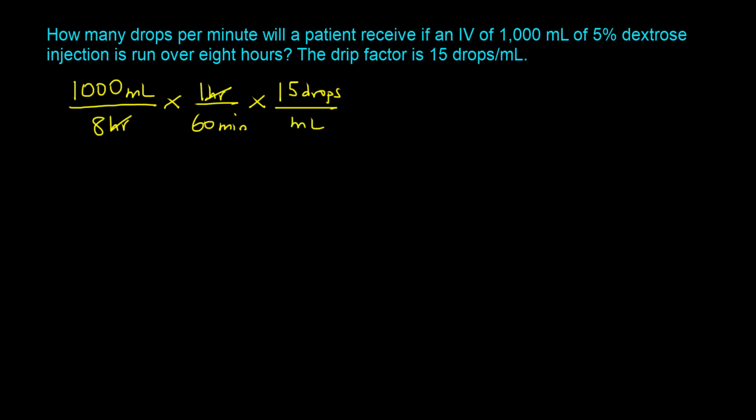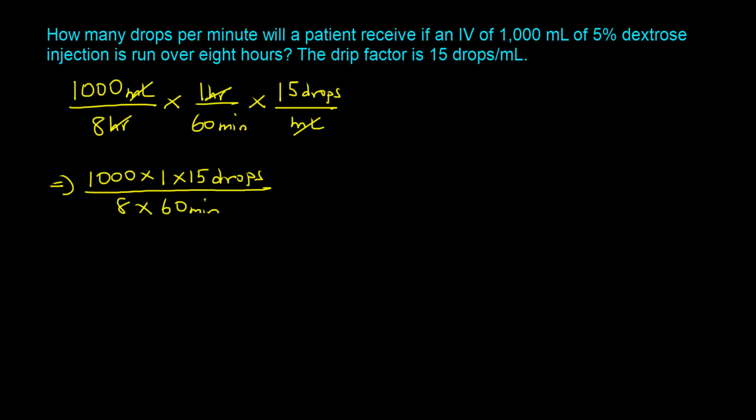So we are using dimensional analysis. So the units in the denominator cancel out the units in the numerator. So the milliliters will cancel out. And now we need to multiply everything in the numerator and divide it by what is in the denominator. So we have 1,000 times 1 times 15 drops divided by 8 times 60 minutes.